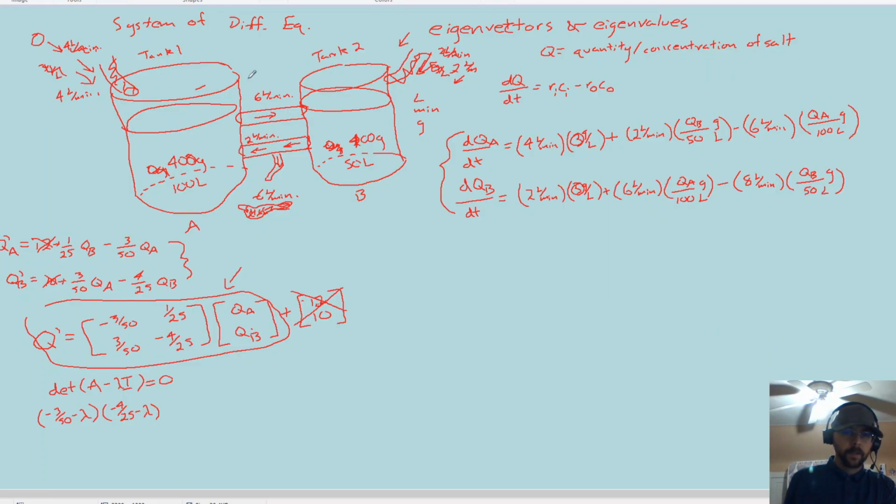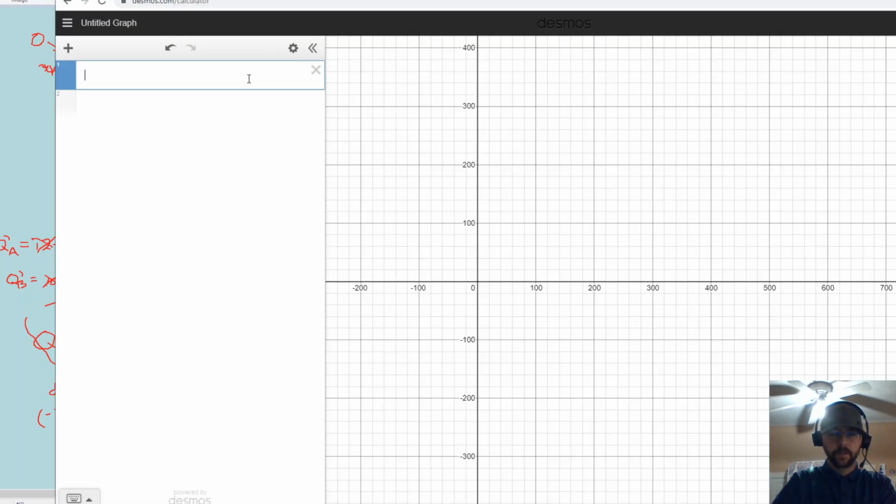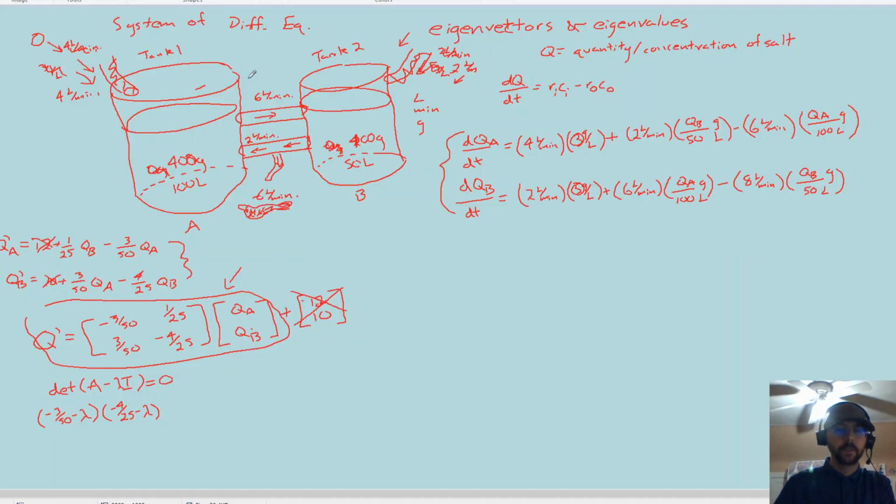Okay, so 3 I know, what's 25 times 50? It's going to be 1,250. So minus 3 over 1,250 equals 0.